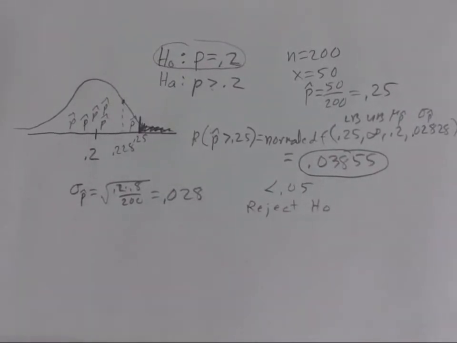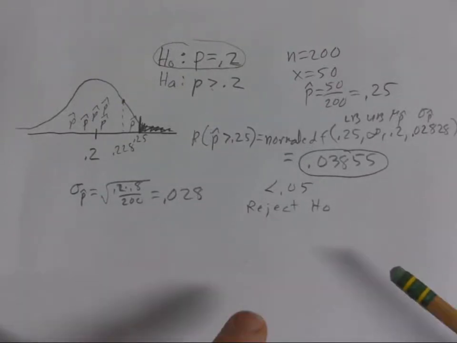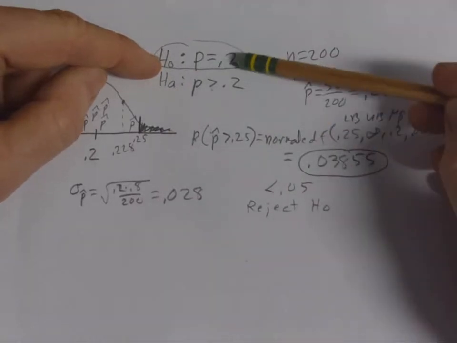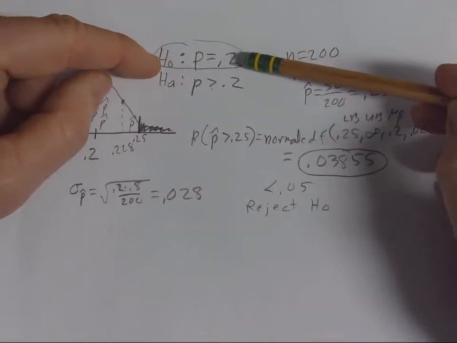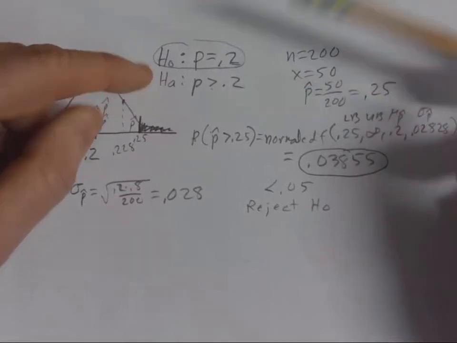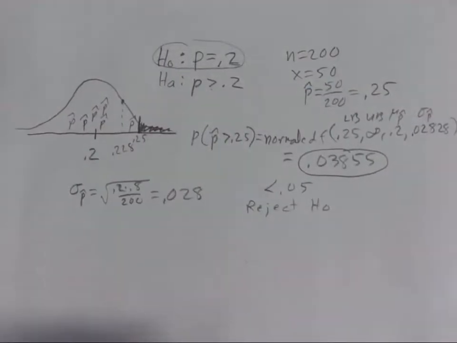And so that's our conclusion: this p-value is below 0.05, which gives us a reason to reject the null hypothesis. We have convincing evidence that P is greater than 0.2. In other words, we have convincing evidence that the proportion of employees that are dissatisfied with parking is now above 0.2. That is the premise of what we're going to do, in essence.